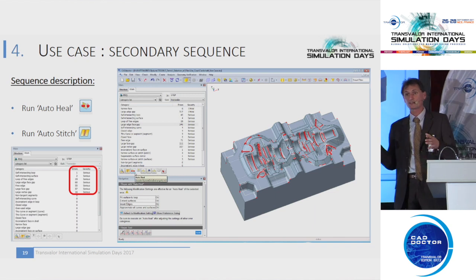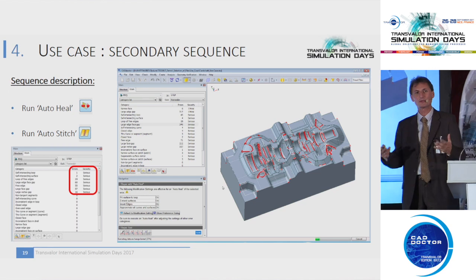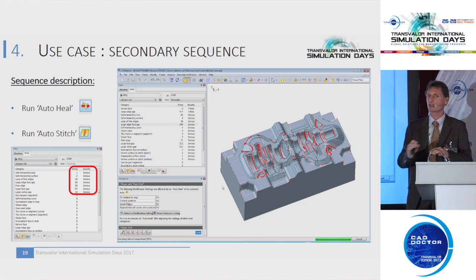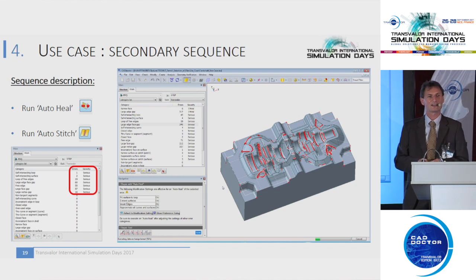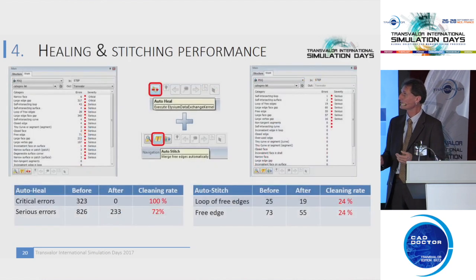This example is fully realistic. I could have presented a simpler model where after auto heal and auto stitch, everything could have been cleaned up and repaired. But to be honest with you, that's not exactly real life. So this is why we can go after that.